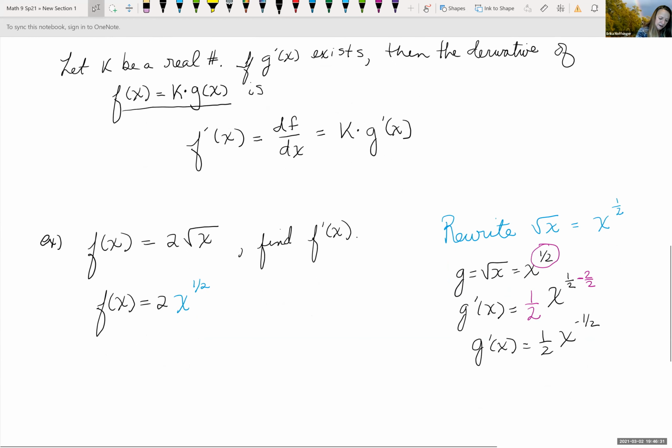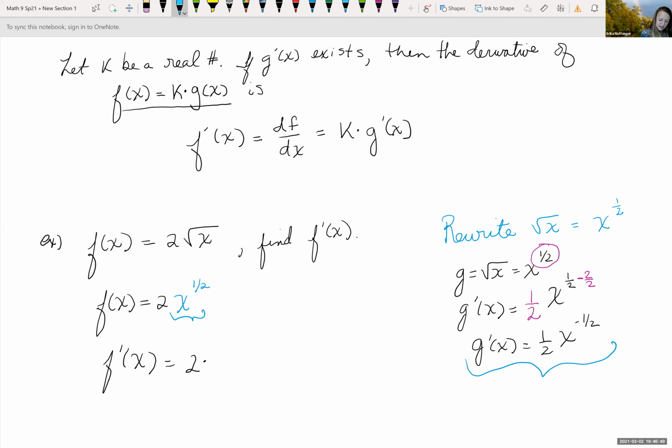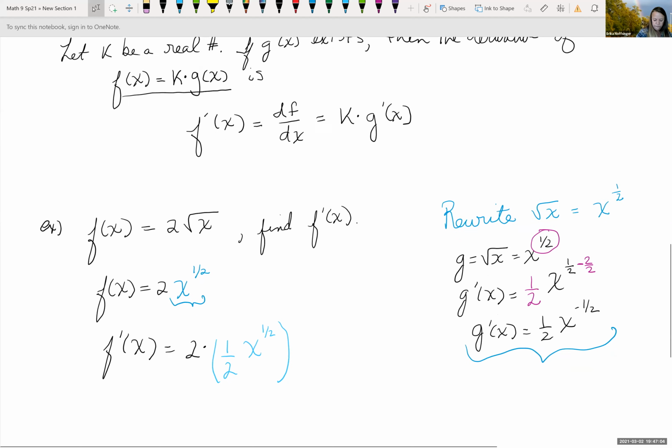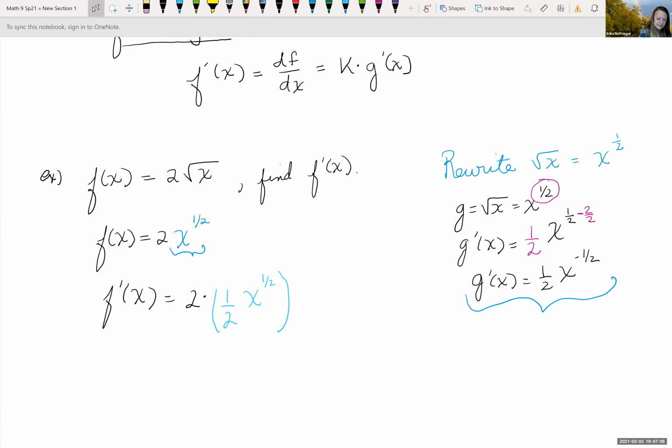So if I go back in here and replace that, this is f prime of x. The derivative of that is equal to our constant, which is 2, times the derivative of this x to the 1/2 power, which we found to be 1/2 times x to the negative 1/2 power. So notice that simplifies a little bit. I have a 2 in my numerator times a 1/2, a 2 in the denominator. Those are going to cancel.